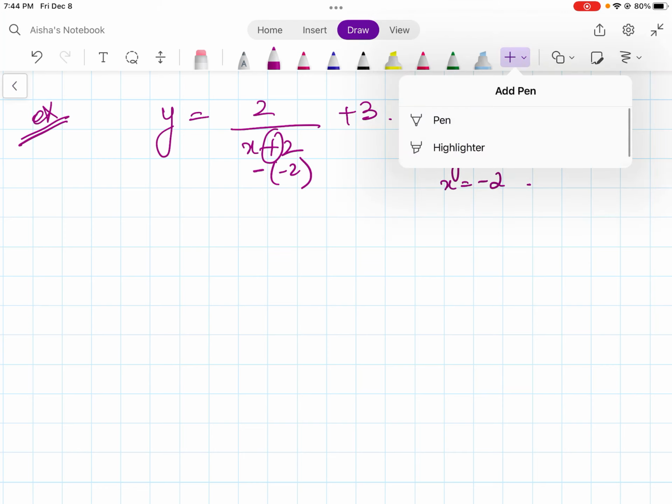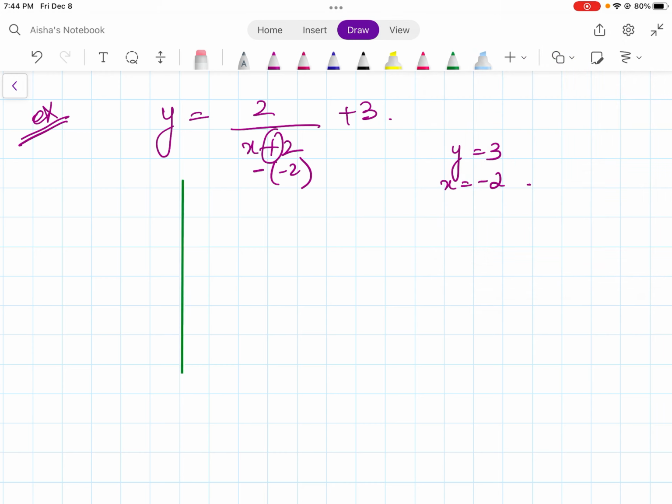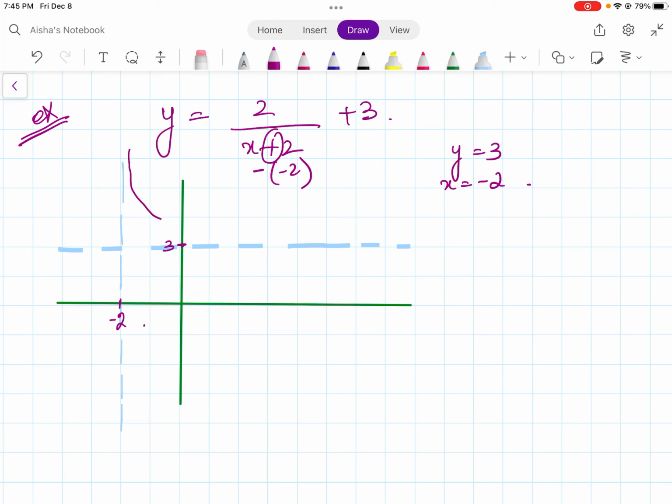Now y is equals to 3 is this line and x equals to minus 2 is this line. 3 and minus 2. A positive means parallel जाएगी.